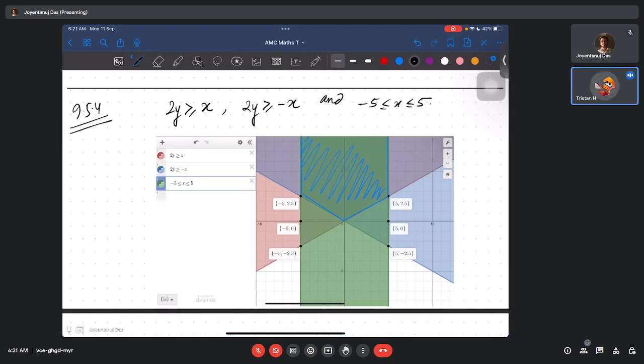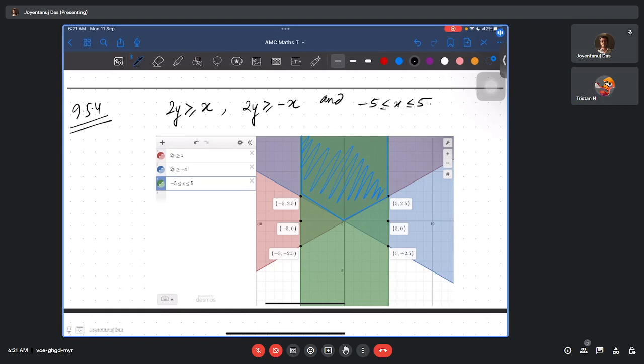It does, because only the y is infinite. Y is infinite, right? And there is a maximum of x here. Yes.